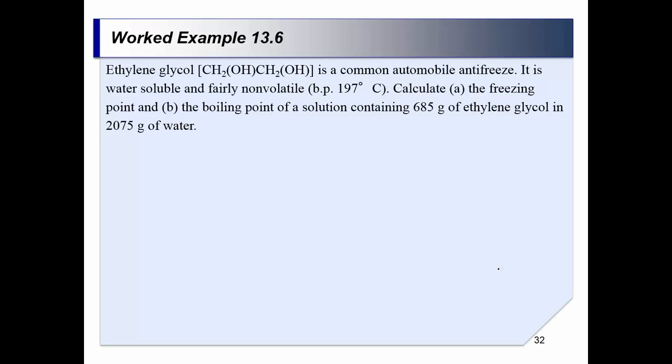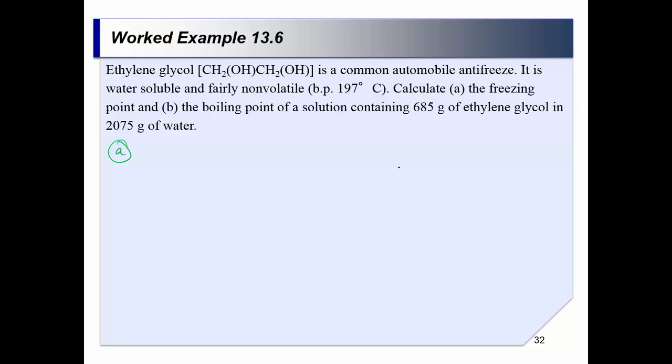Now, ethylene glycol is a common auto antifreeze, and it's water soluble and fairly non-volatile. So we are asked to calculate the freezing point and the boiling point of a solution that contains 685 grams of ethylene glycol in 2,075 grams of water.